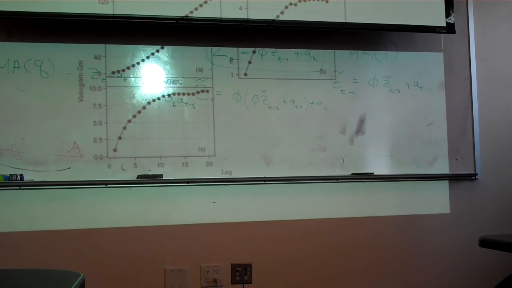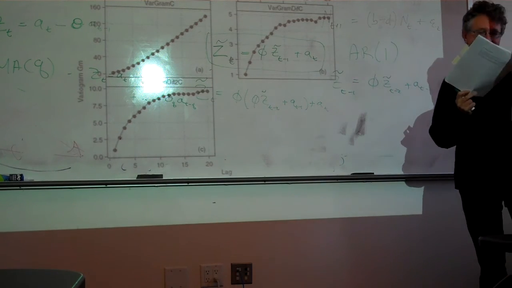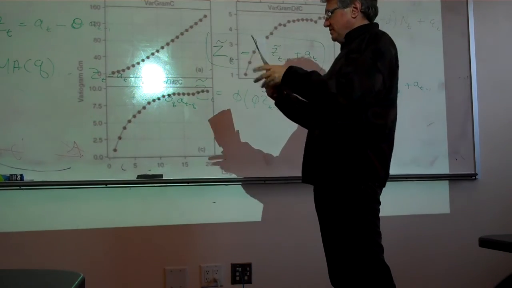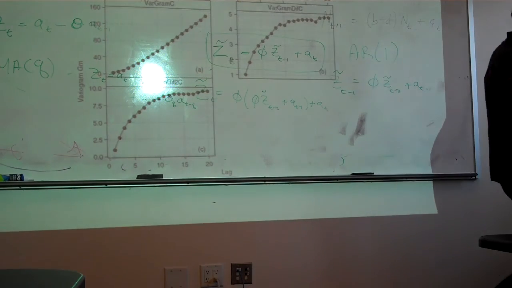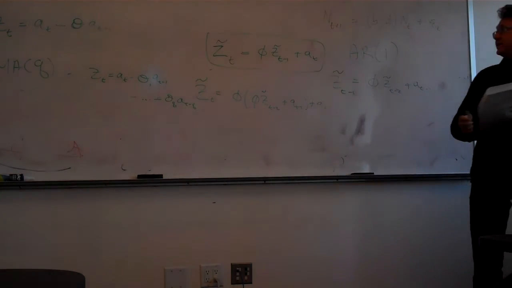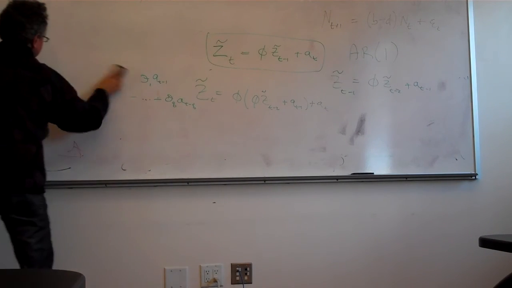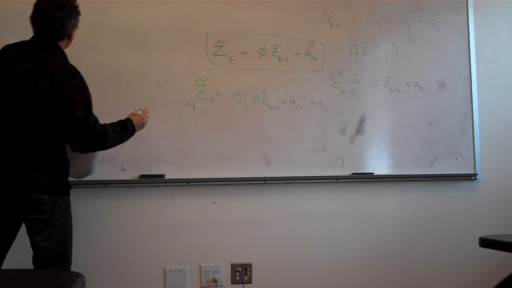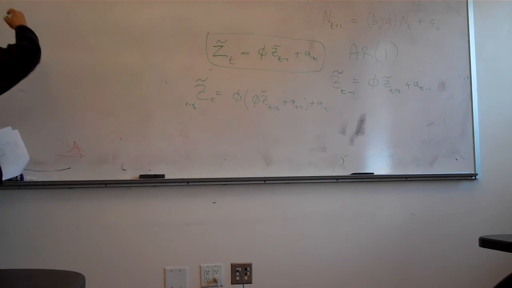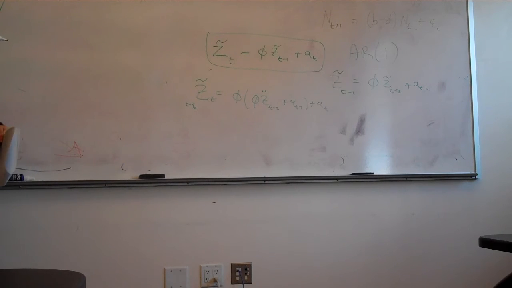Let's see, where's the notation? The standard notation is that the difference operator is denoted by an upside down delta, which is often called del.